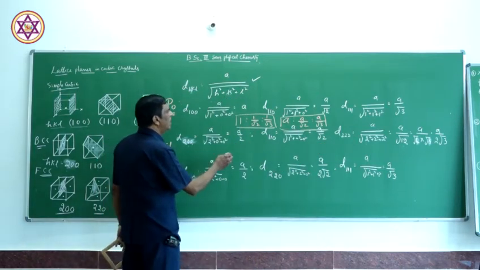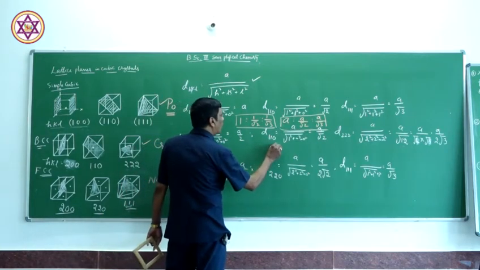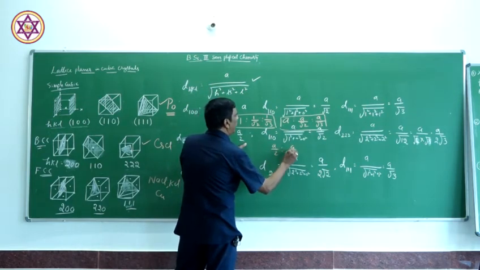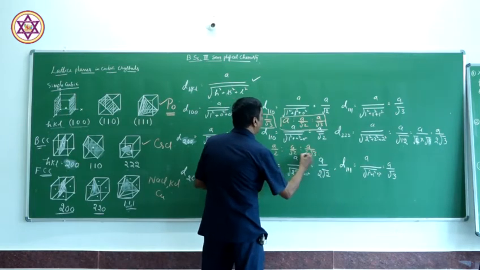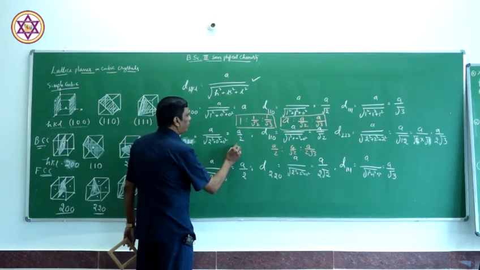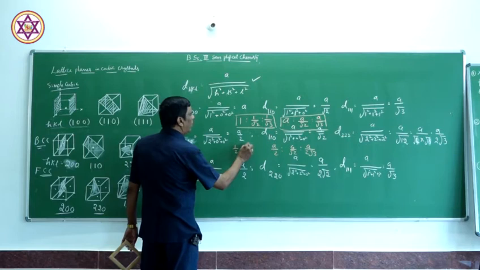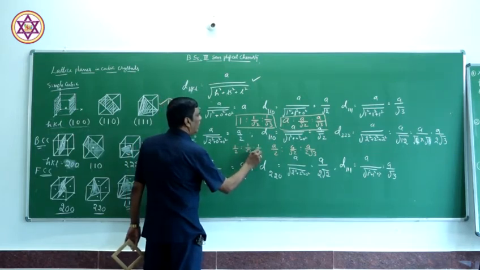Now, if you take the interplanar distance ratio, a by 2 is to a by root 2 is to a by 2 root 3. The simple ratio of this is 1 by 2 is to 1 by root 2 is to 1 by 2 root 3.